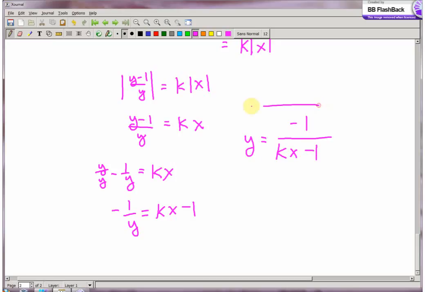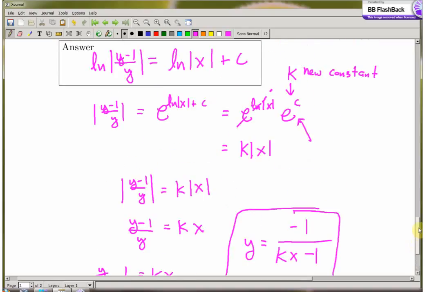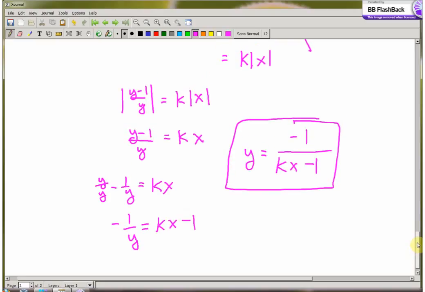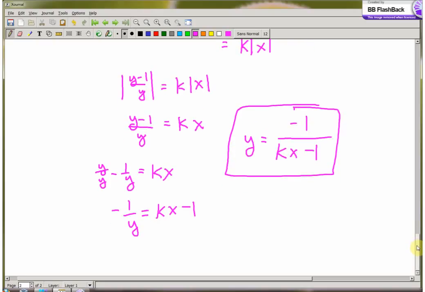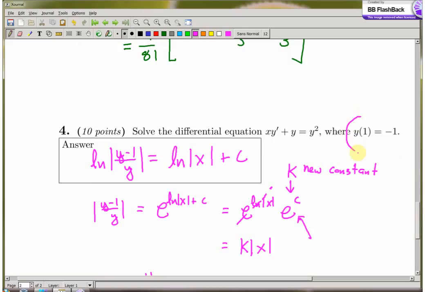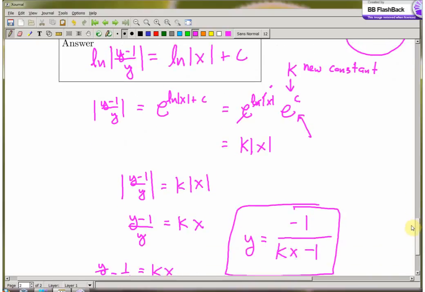And thank God, it's over. This is the answer. This is y, the secret function. And we can even do a little bit better than this, because we have this k still hanging around, this mysterious constant k. But this fact lets us even get rid of k. So let's see how that works. So know that when we plug in 1, negative 1 is supposed to come out.